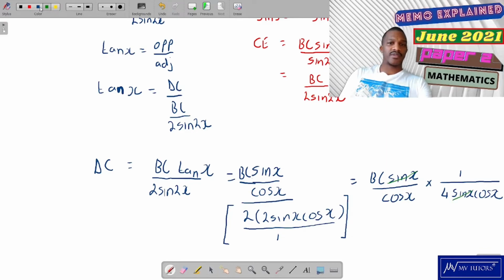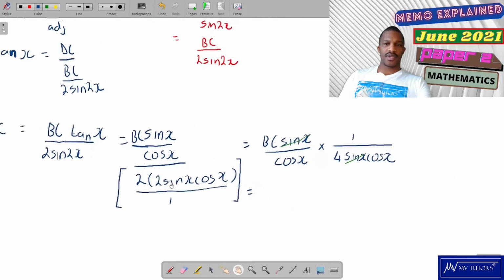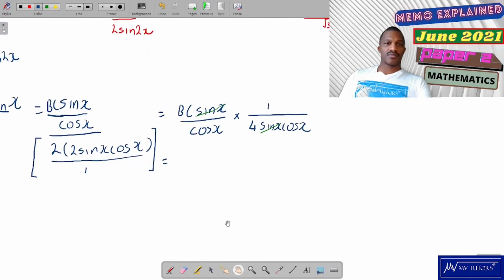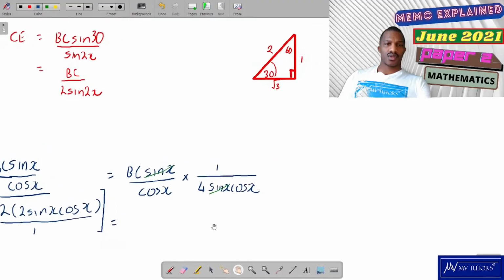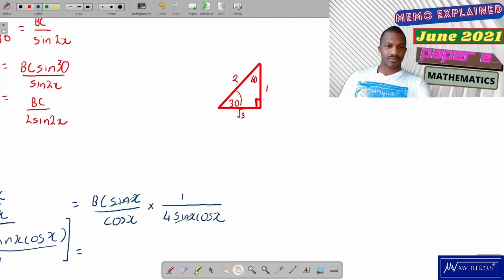And then finally, I'm going to be left with, let me just give myself more space. Let's do it this side. Okay, and then finally I'll be left with BC divided by, there's a cos x here, a 4, and another cos x, so that's 4 cos squared x.